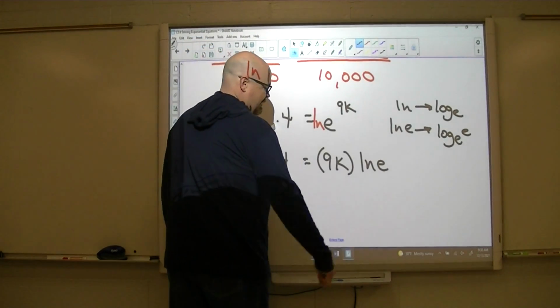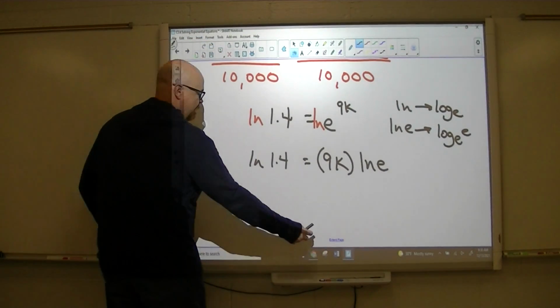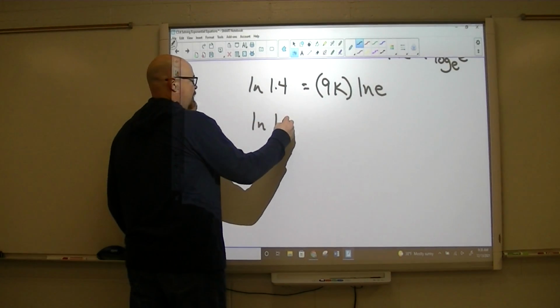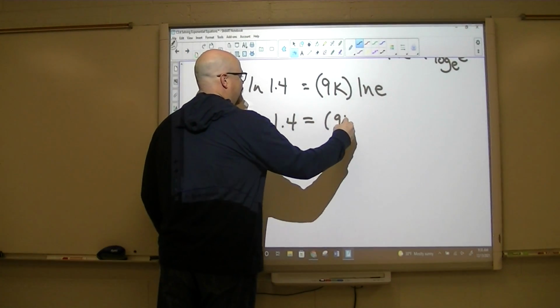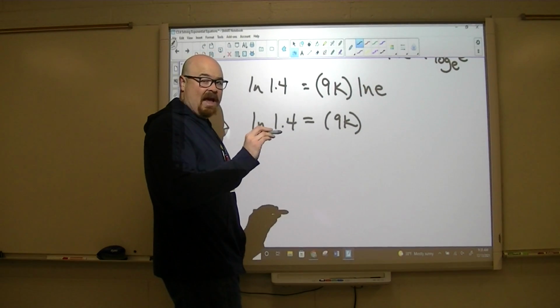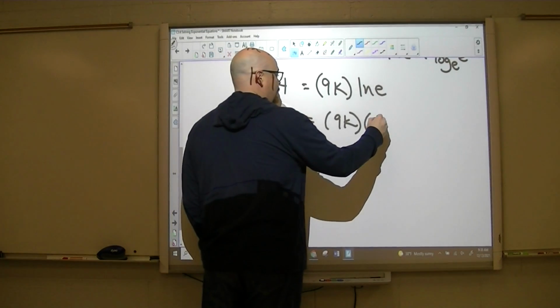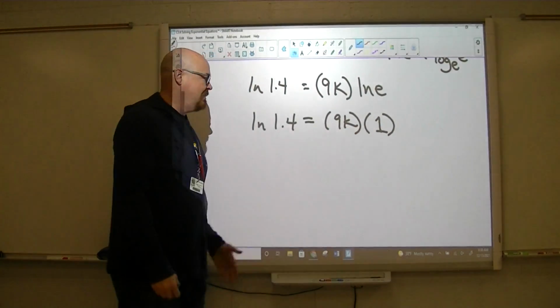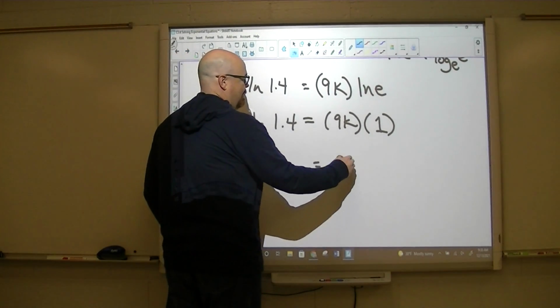So this natural log of E is equal to 1. Okay? Now I didn't do this in the other video, but I will just here to re-emphasize this point, that the natural log of E is not a variable statement. It has a value. Its value is 1. So I can replace it with the number 1. Now, when I multiply 9K times 1, I get 9K.